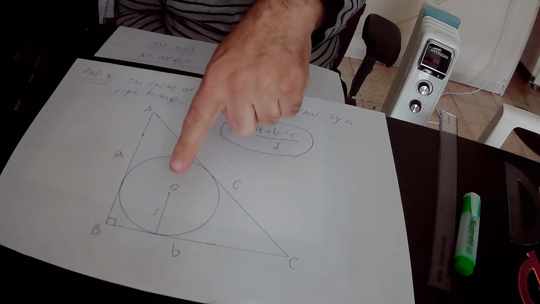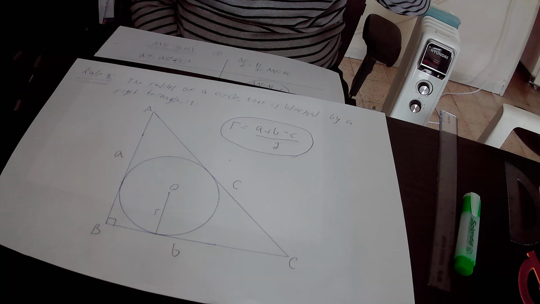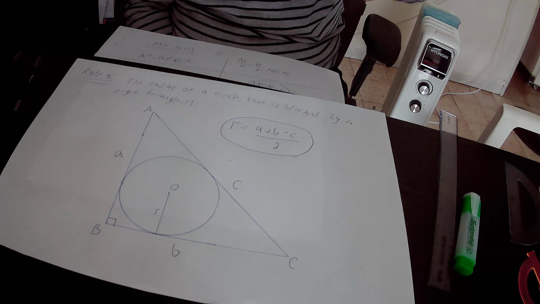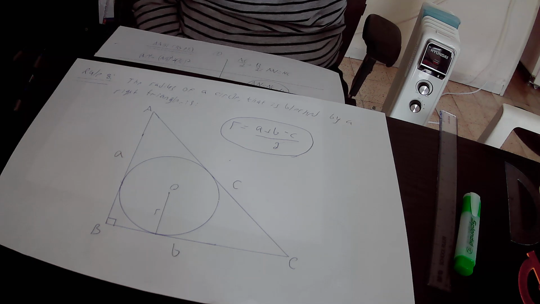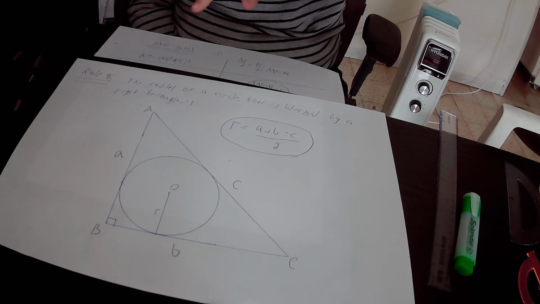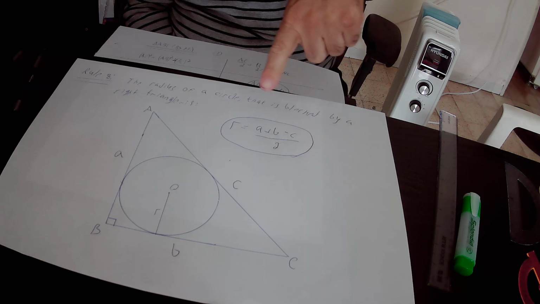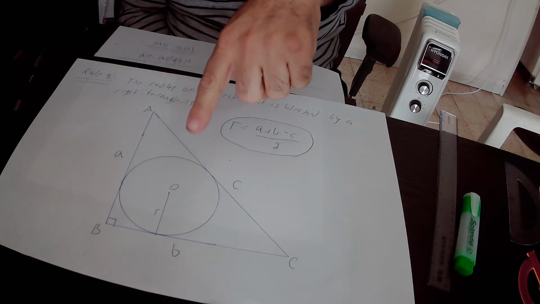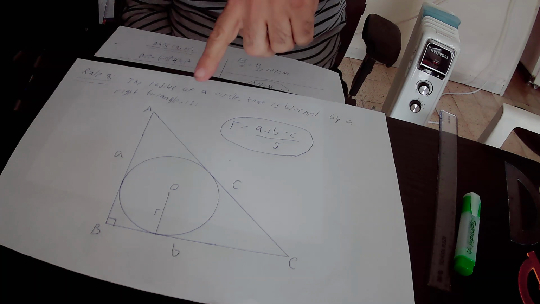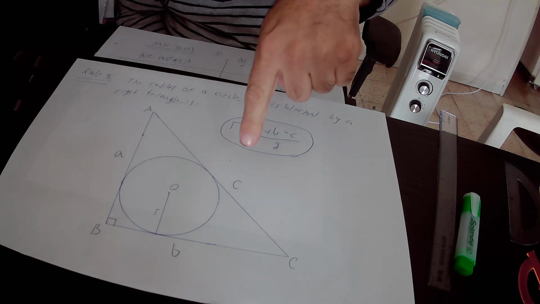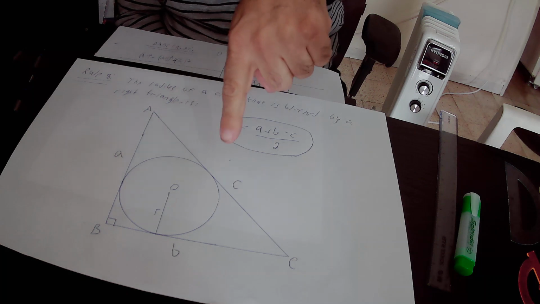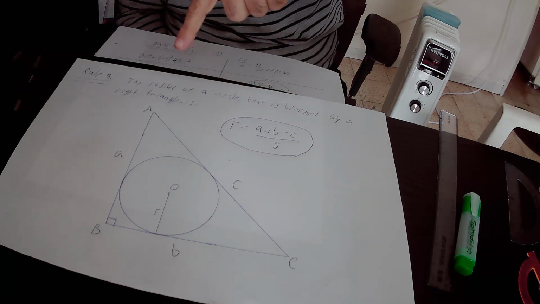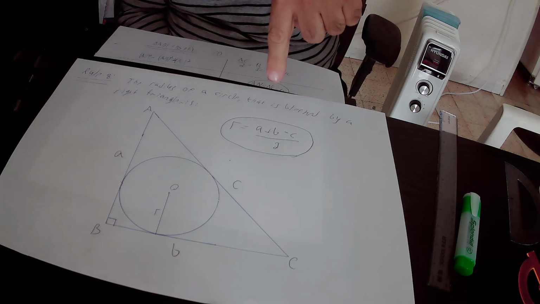The radius of this circle is R. According to rule number 8, you can find the radius of this circle only by knowing the side lengths of the right triangle ABC that blocks the circle. That is to say, the radius R will be equal to A plus B minus C over 2.